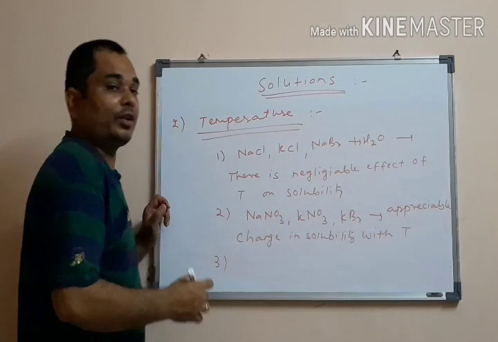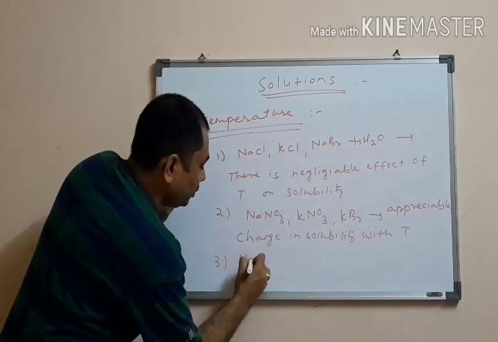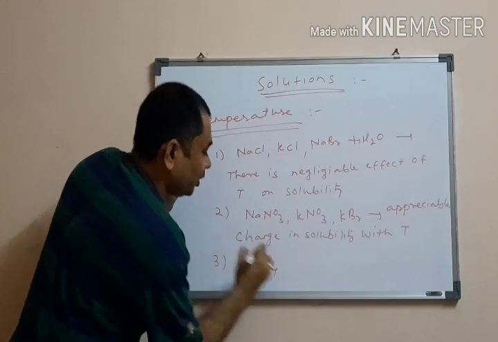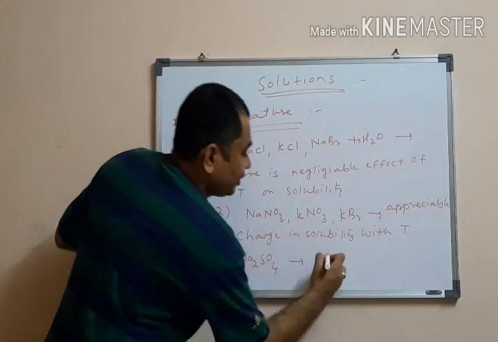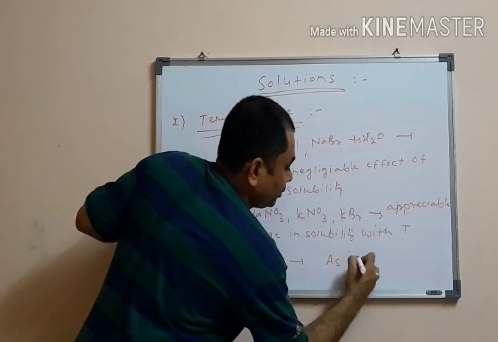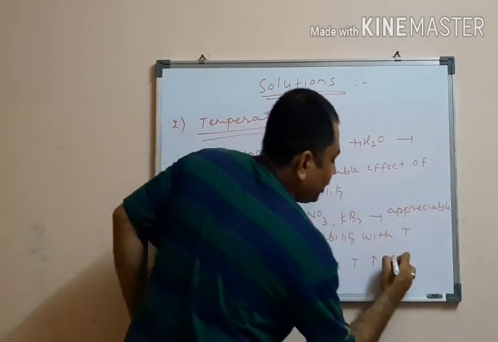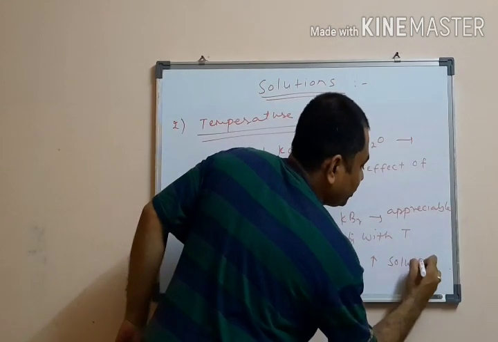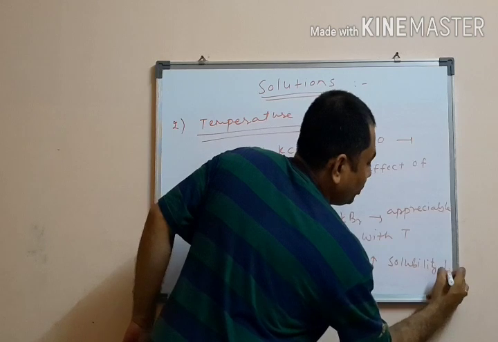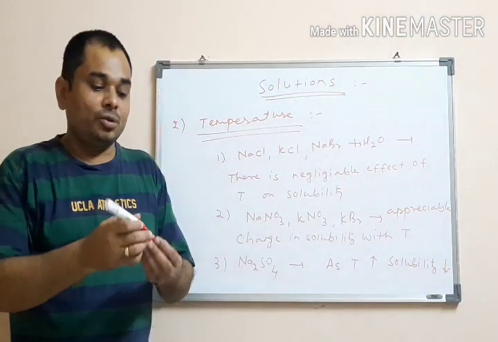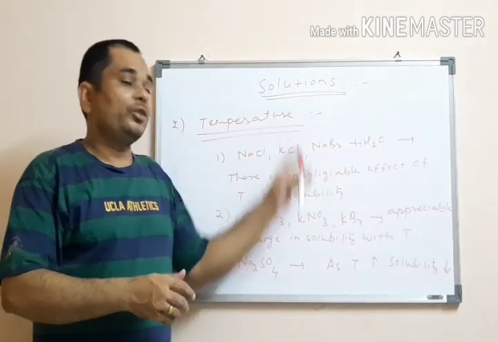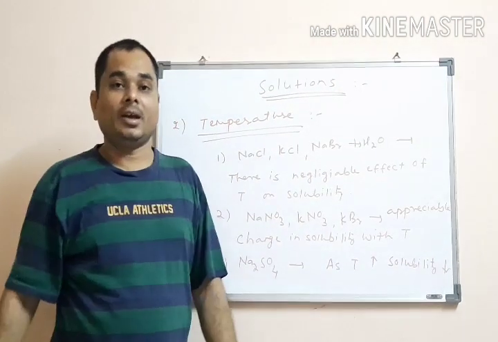Whereas in case of compounds like Na2SO4, sodium sulfate, as the temperature increases, the solubility in fact decreases. So these are some things which are observed in case of these ionic compounds.